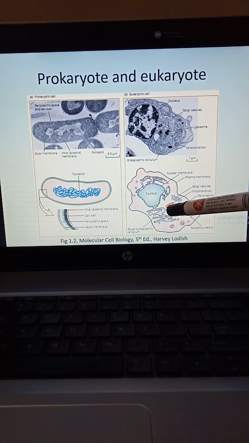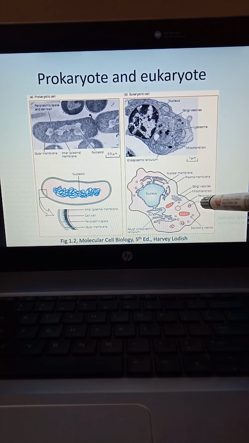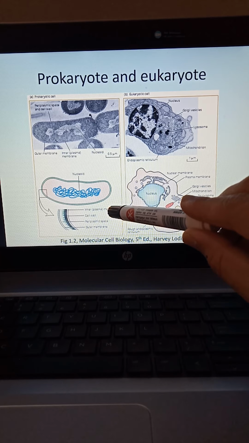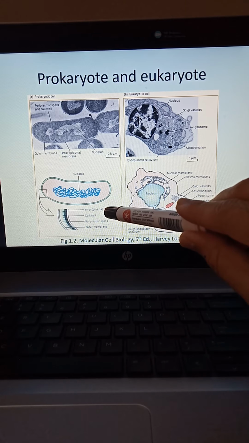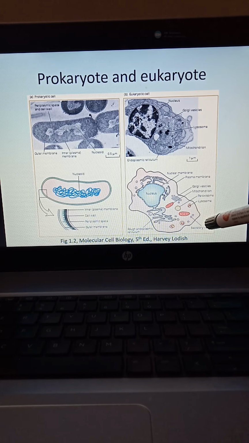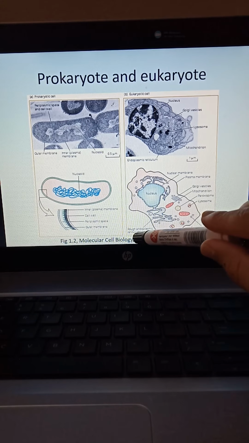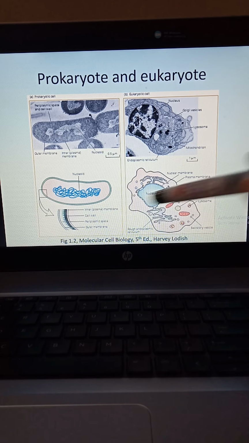This in red is labeled as mitochondrion. This is absent from prokaryotes. This here in yellow is labeled as peroxisome. This is absent from prokaryotes. Lysosome, absent in prokaryotes. So there are many other organelles, for example endoplasmic reticulum, absent in prokaryotes.